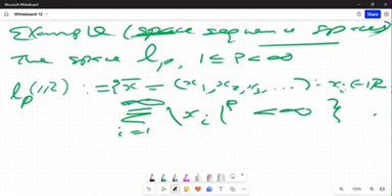So that's the space. Here p could be any number between 1 and less than infinity.